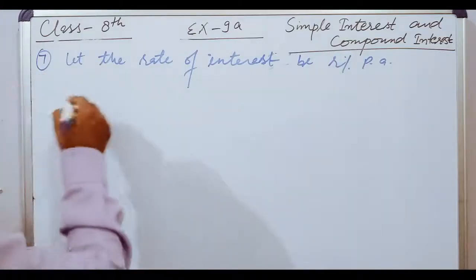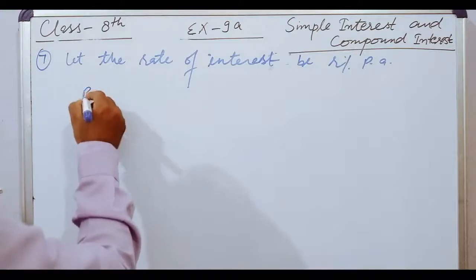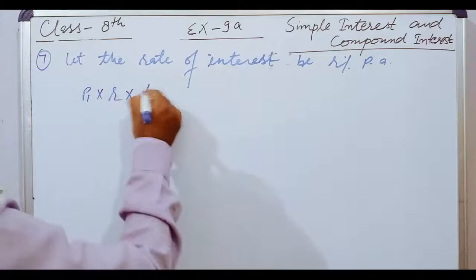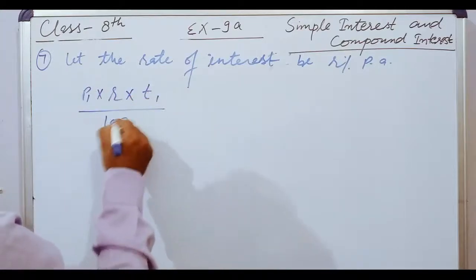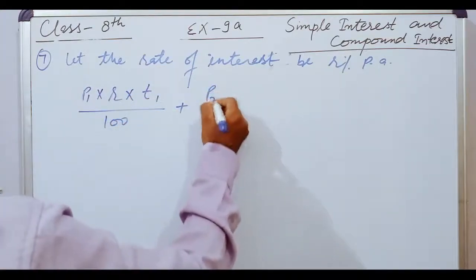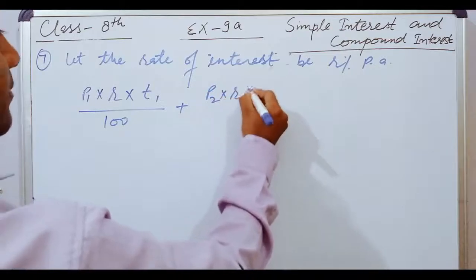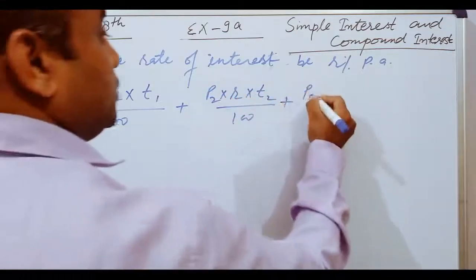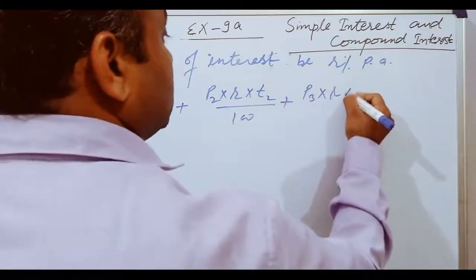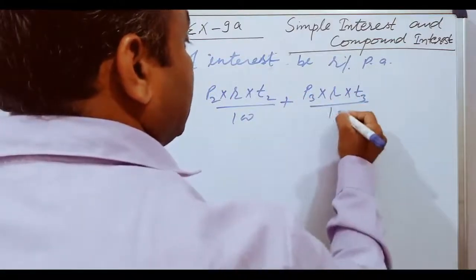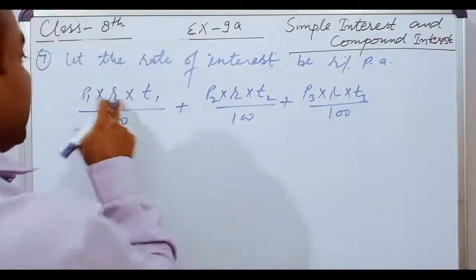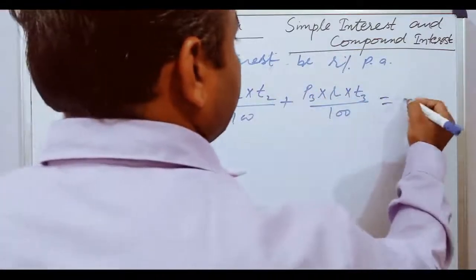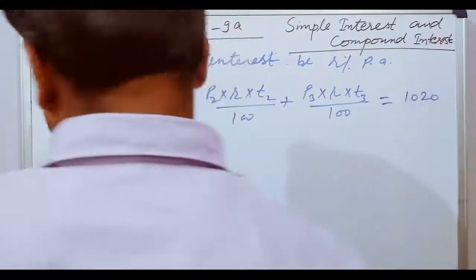So directly we can do principal into R, because the rate is the same, into time upon 100, plus P2 R, same, T2 upon 100, plus P3 R into T3 upon 100. P means principal, R rate, T time. Principals are different, and the total is 1020.